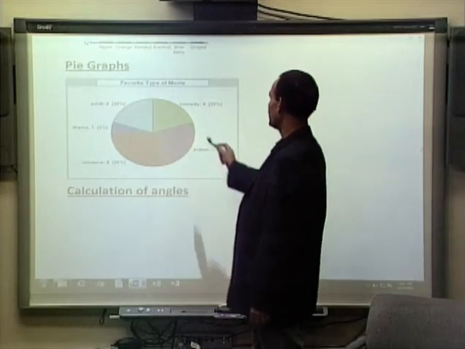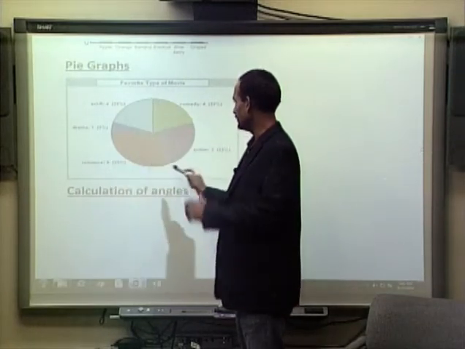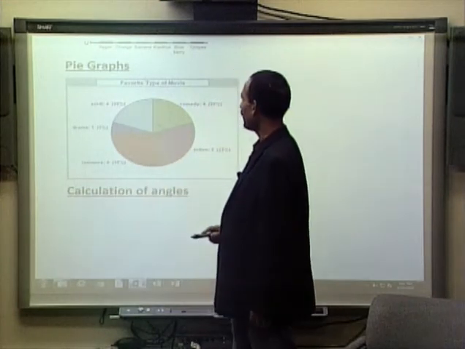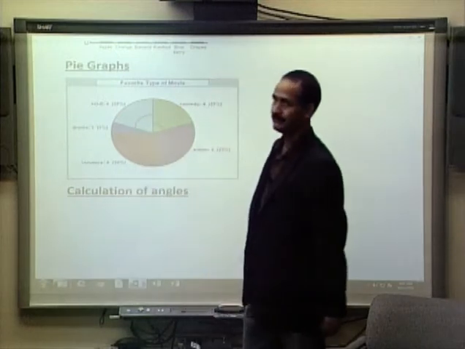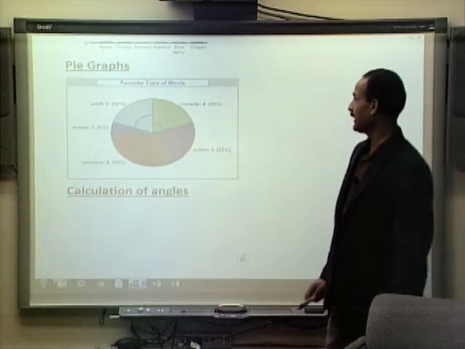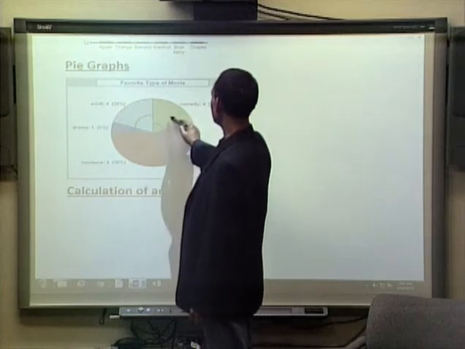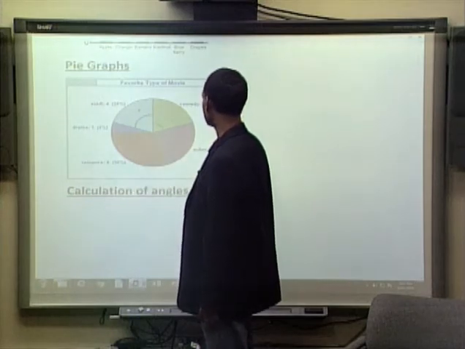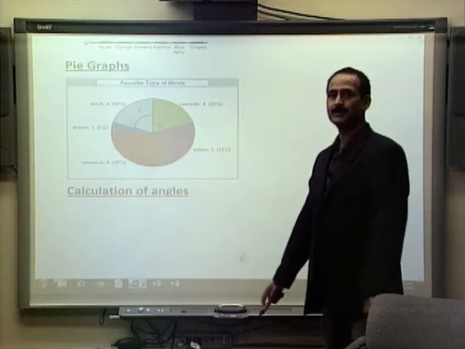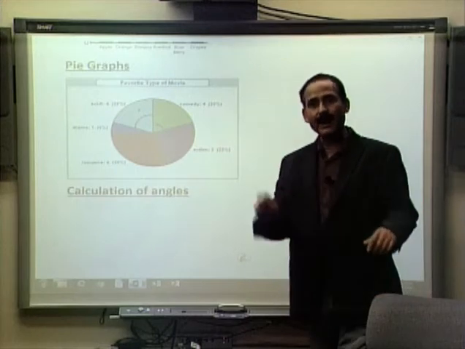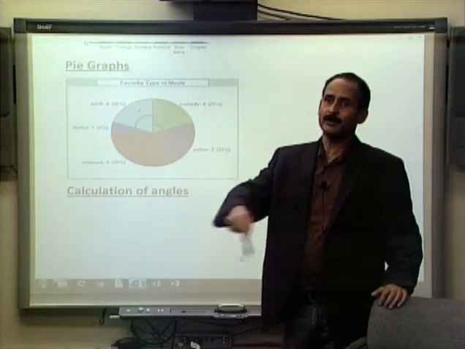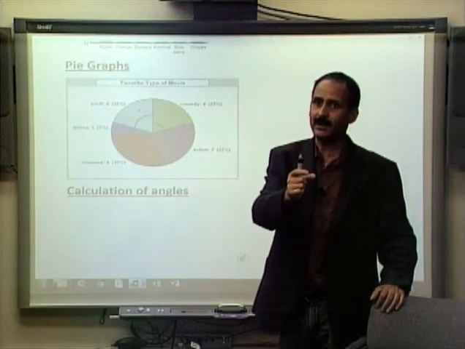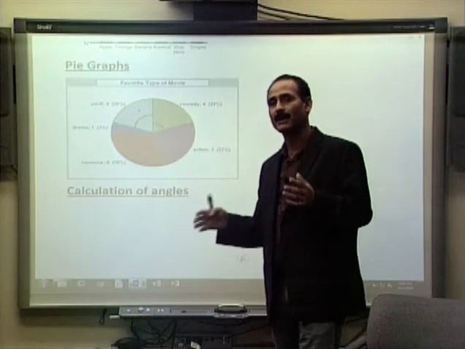So we divided this circle so that this represents 4 of them, and similarly this represents 4 of them. So basically this is 20% of the circle, this is 5% of the circle, this is 6% of the circle, and this is 5% of the circle. So dividing the circle according to the percentages occupied by a particular category is what we call a pie graph.